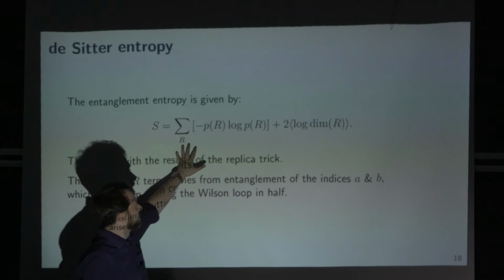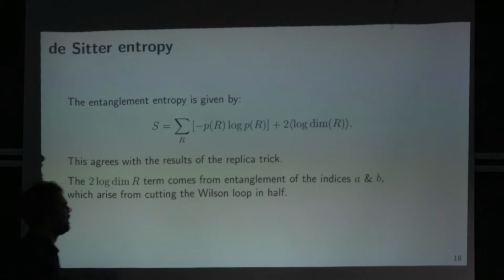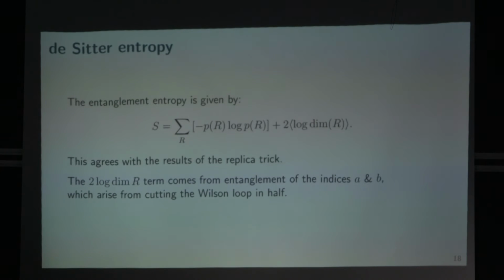It's given by an ordinary statistical entropy, a Shannon entropy of the fluctuating representations, and there's this factor twice the log of the dimension, which comes from this sum on the endpoints. And this is in precise agreement with what you would get from the replica trick.